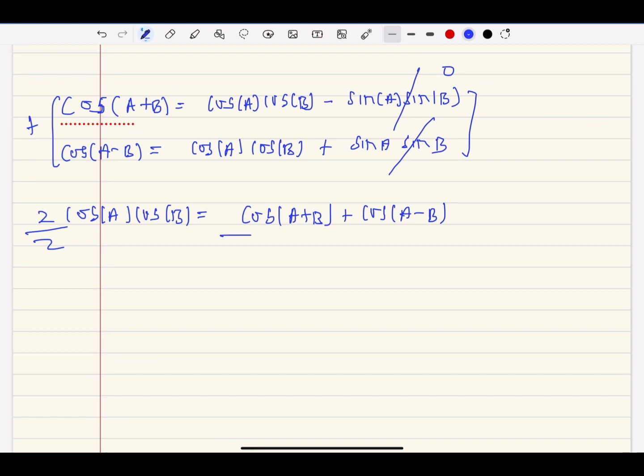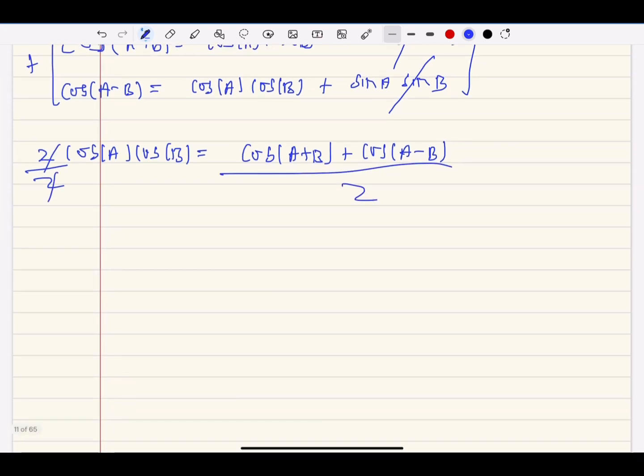Dividing both sides by 2, we get cos A cos B equal to [cos(A + B) plus cos(A − B)] over 2.